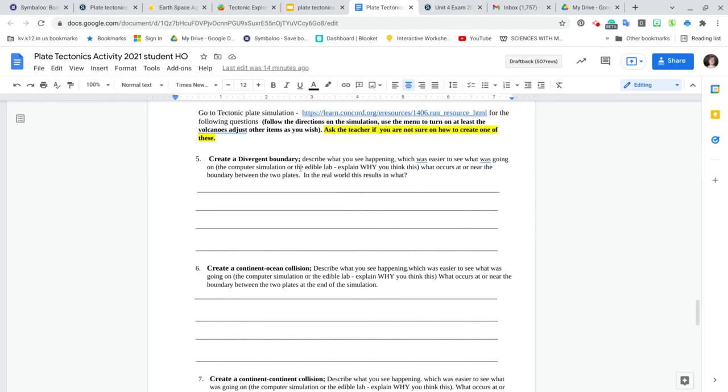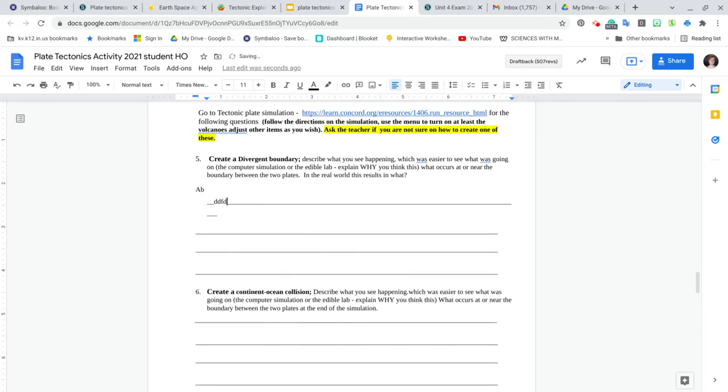If you did not do the edible part of the lab, you can simply write, let's just put A, B. That's what I put in my grade book if you're not there. So if you were not here, A, B, and then continue whatever your answer is.